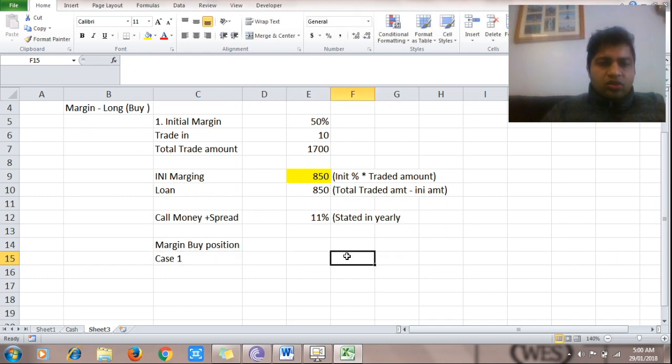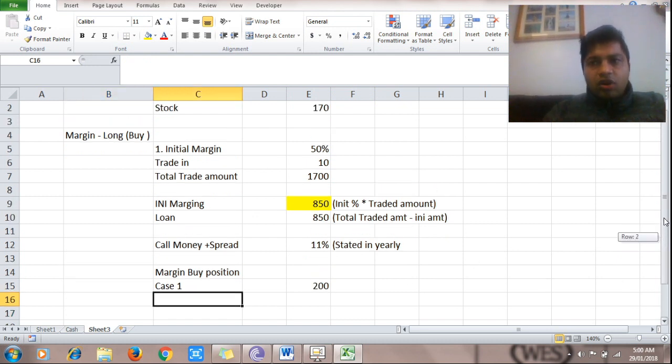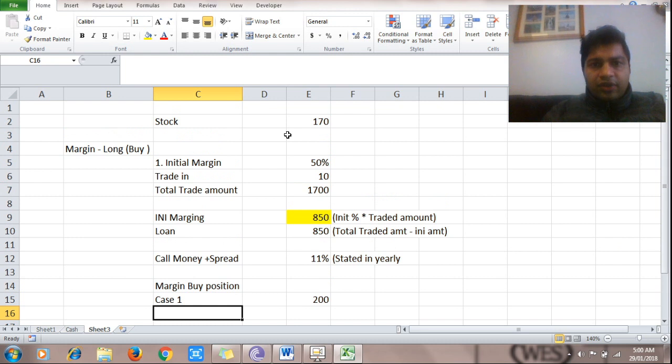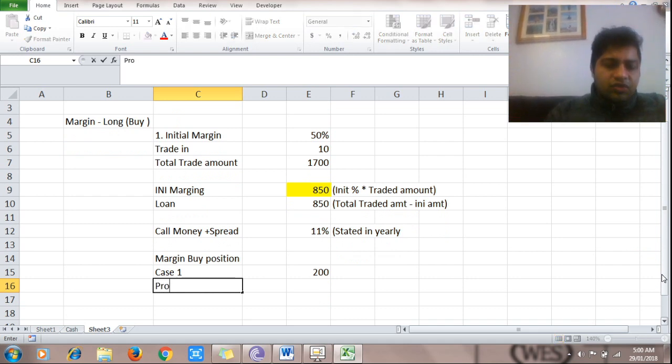So if the stock price goes up to, let's say, $200, what would happen? The entire world is buying the stock at $200 now, right? But you have bought the stock at $170. So something that is traded at $200, you have bought at $170. So are you making profit? Yes, you are making profit.